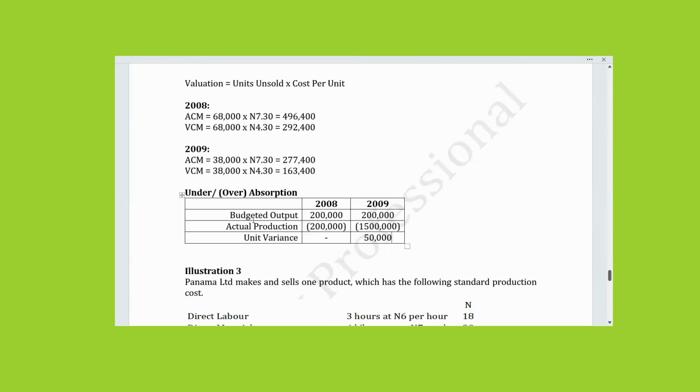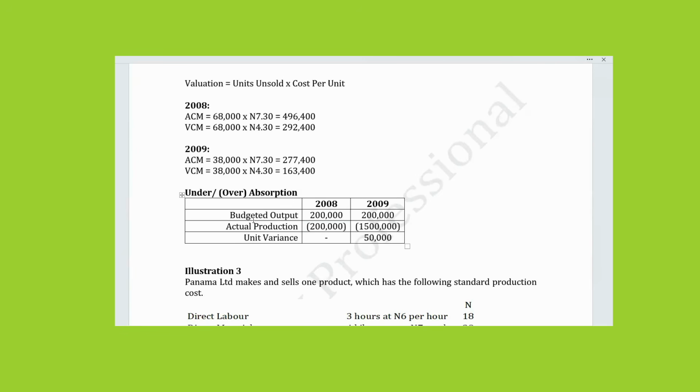Remember, in my explanation of overhead absorption costing, I mentioned that it will be under absorption when the budgeted output is greater than the overhead absorbed to a product.